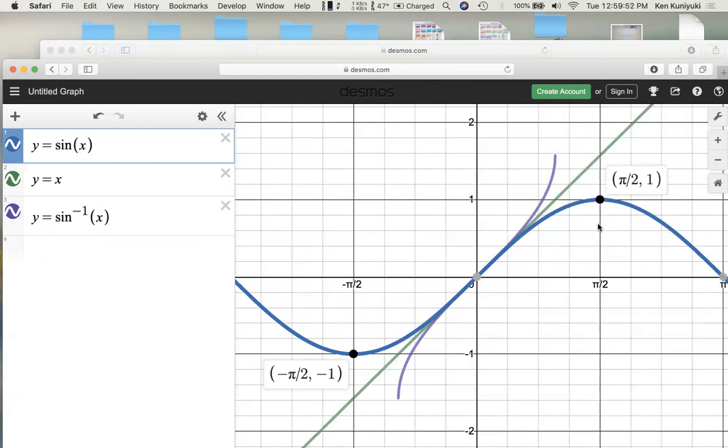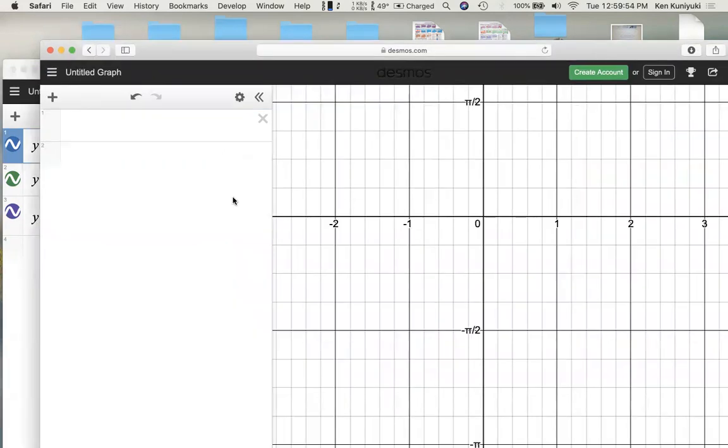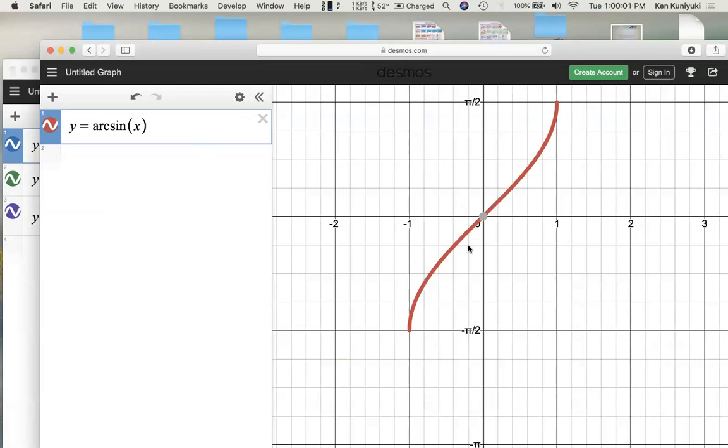The domain for the restricted sine function now becomes the range for the inverse sine function, y equals arcsine of x. The range now goes from -π/2 to π/2. Here's the point -1, -π/2. Here's the point 1, π/2.